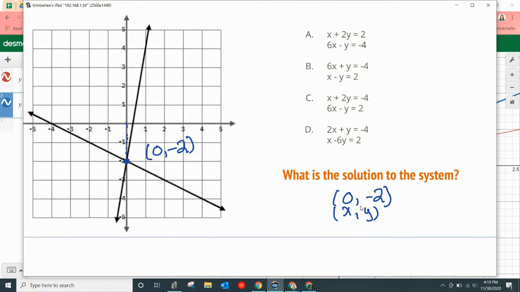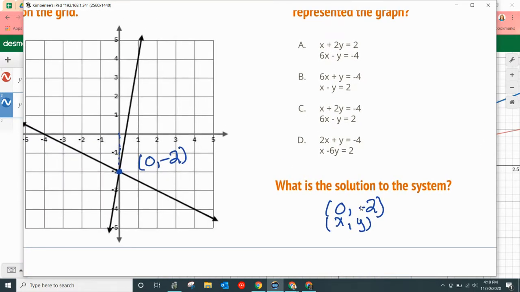So here's what I think is the easiest thing to do to find which one of these equations represents those 2 lines with a solution of (0, -2). Remember that the solution means you can take those values for x and y, plug them back into your equations, and you're going to get true statements.